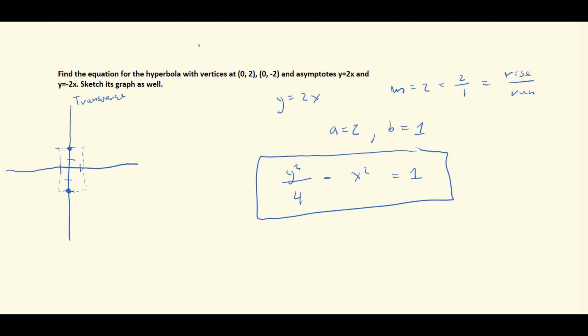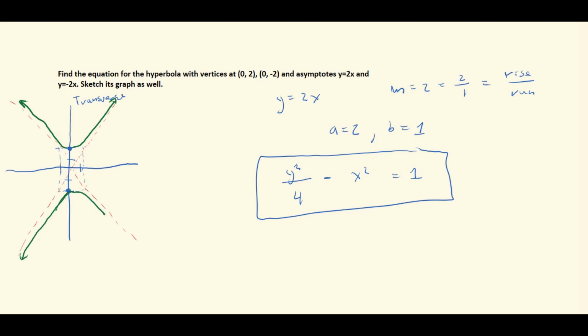But now let's go ahead and sketch its graph and also find the foci. We'll go ahead and fill in our asymptotes. Going through the corner, through the center, and then through the other corner. Our hyperbola is going to look like this. It's going to go very close to the asymptotes, but not touch them.